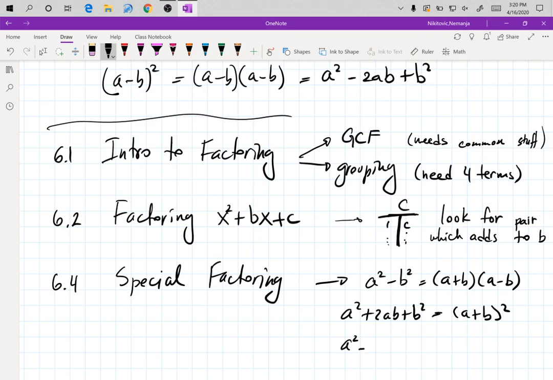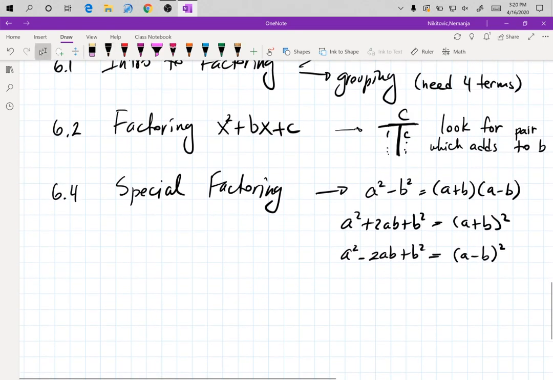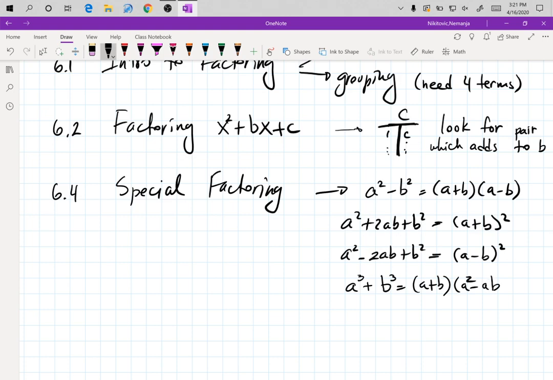A squared minus 2ab plus b squared is going to give you (a minus b) squared. And finally, a cubed plus b cubed is (a plus b)(a squared minus ab plus b squared), and a cubed minus b cubed is (a minus b)(a squared plus ab plus b squared).